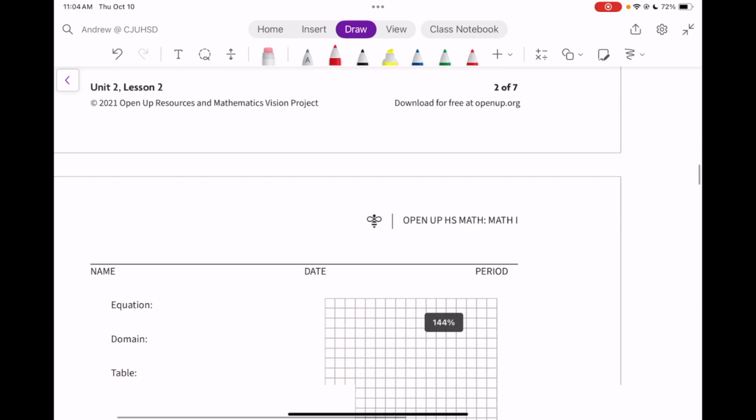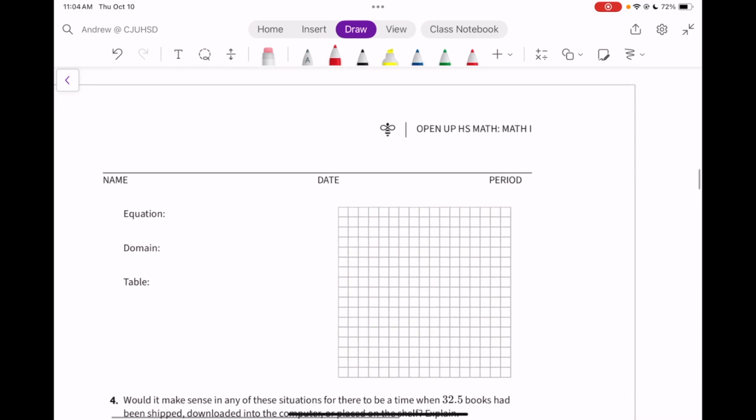Sure it would. And so we're going to use X on this one. If we do 3 books a minute, that's 180 books an hour. So if we did this, then X would be the number of hours. And the domain would be any positive number.